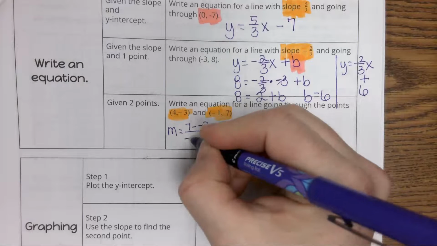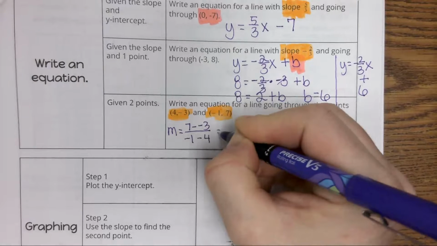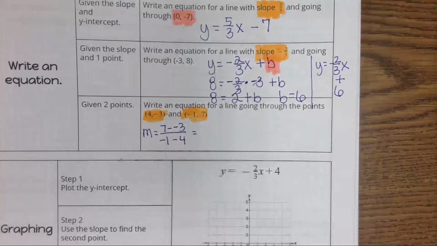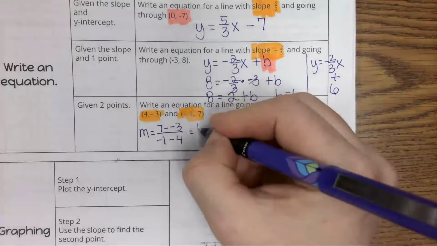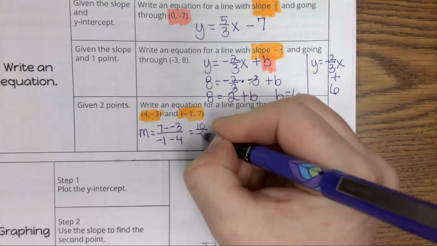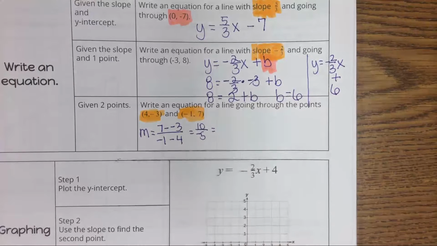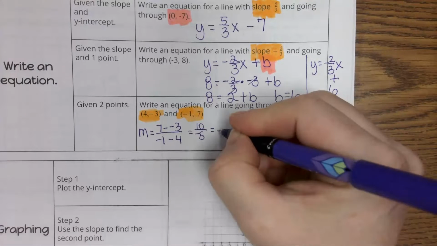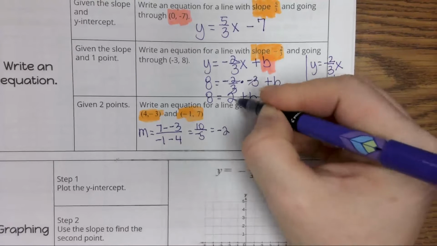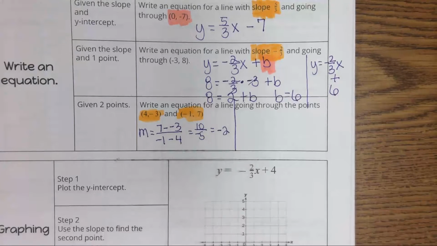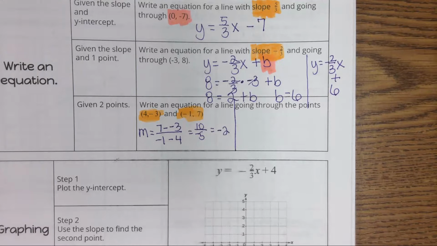Negative 1 minus 4. What's my slope? 10 divided by negative 5, which is negative 2. I found my slope. Yay! I have y equals negative 2x plus b. I don't know b though.